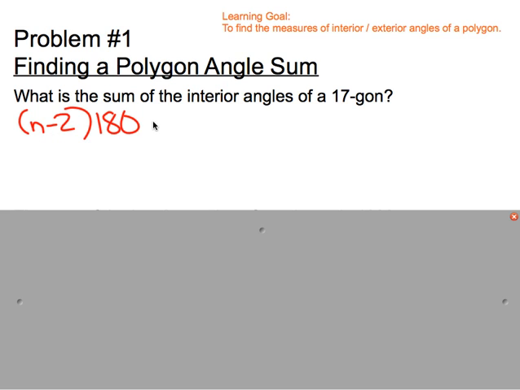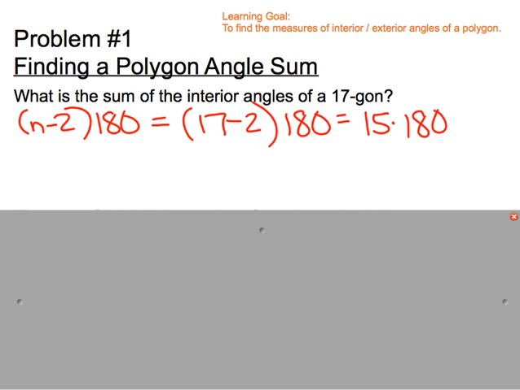This equals 17 minus 2 times 180. 17 minus 2 is 15, so we have 15 times 180, and 15 times 180 is 2,700. So the sum of the interior angles of a 17-gon is 2,700 degrees.